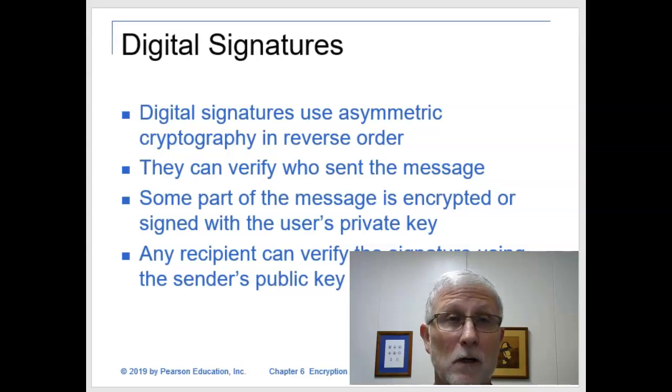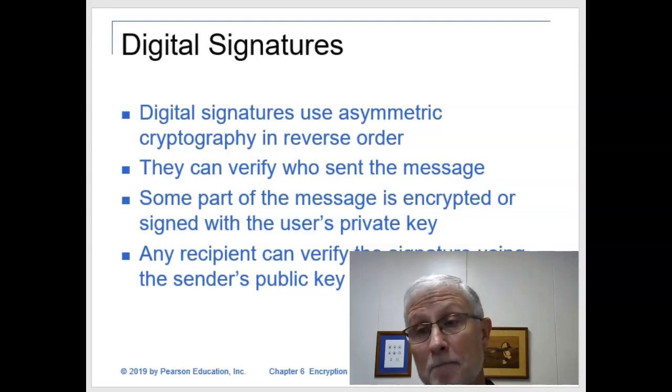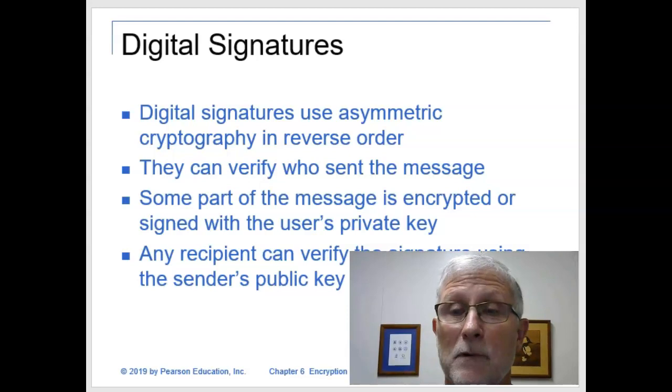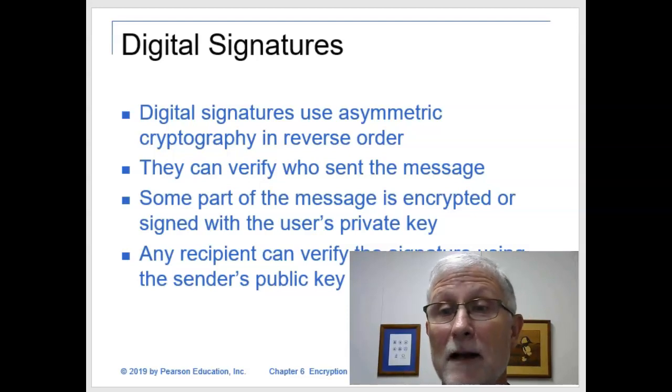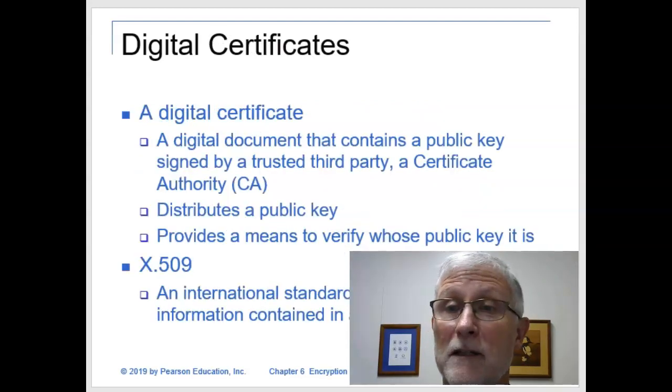It isn't so much to encrypt the message, but to identify who sent the message. So usually some part of the message is encrypted or signed by the user's private key, and then it's decrypted using the public key. But it's a way of verifying who sent you the information.